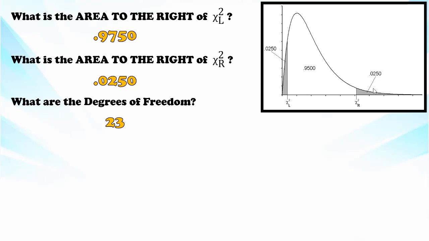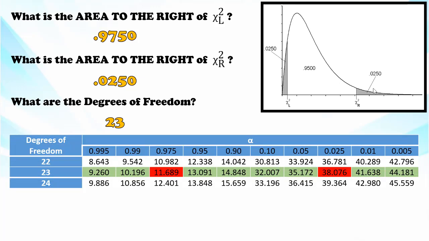So let's look at the chi-square distribution table. So I put a little cutout of the table here for you. We're looking for those two area values that we found as our alphas. That's what the alphas represent. They represent the areas to the right of our chi-square values. So when we go to 23 degrees of freedom and 0.975 as the alpha value, we get to this 11.689 value.